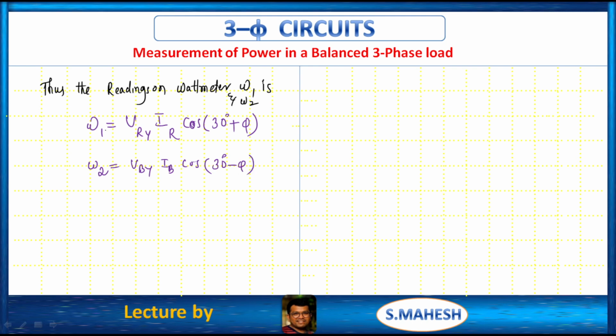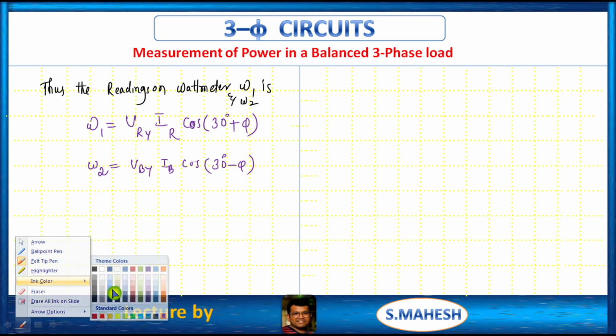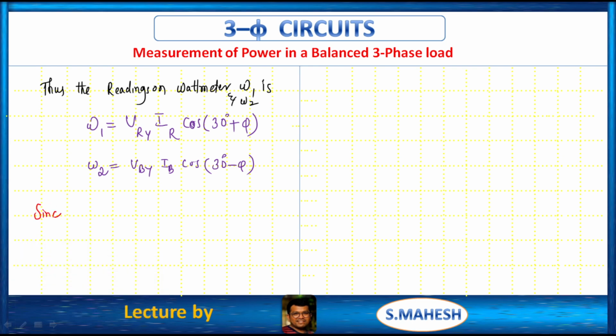Then since the load is balanced, the magnitude of IR equals the magnitude of IY equals the magnitude of IB. In case of star connection, all currents are phase currents as well as line currents, right?